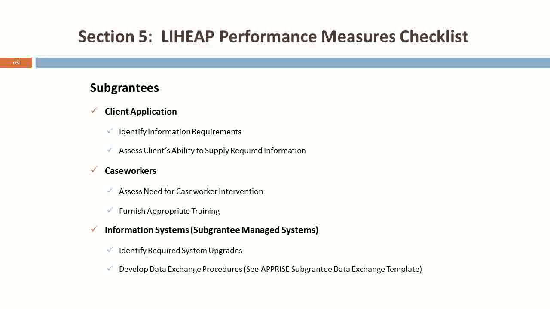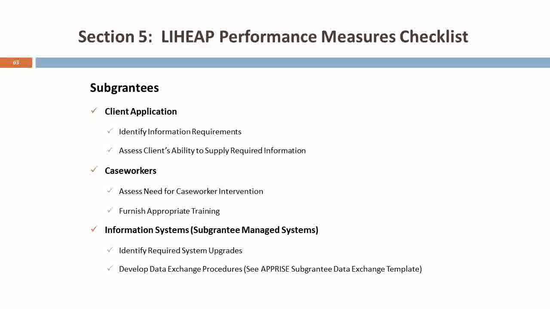The other is caseworkers. There are places where caseworkers are going to need to use discretion. For example, imminent risk, understanding what that means and applying it, how much discretion are you giving them, and making sure they have the appropriate training to use their knowledge in a way that is useful to you.